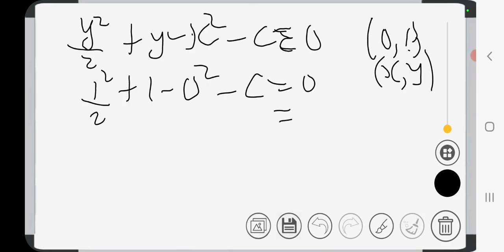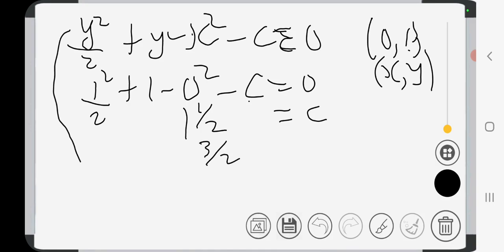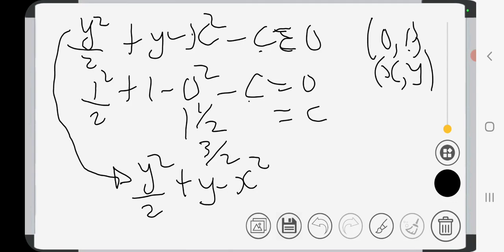We are looking for c, so I carry this minus c to the other side. What I have here will be 1 plus a half, which is 1 whole number and 1 over 2, which is the same thing as 3 over 2. So the general solution can be written in the form of a particular solution. I will have y raised to power 2 divided by 2 plus y minus x squared, and instead of c, since our c has been obtained to be 3 over 2, it's going to be minus 3 over 2 is equal to 0.